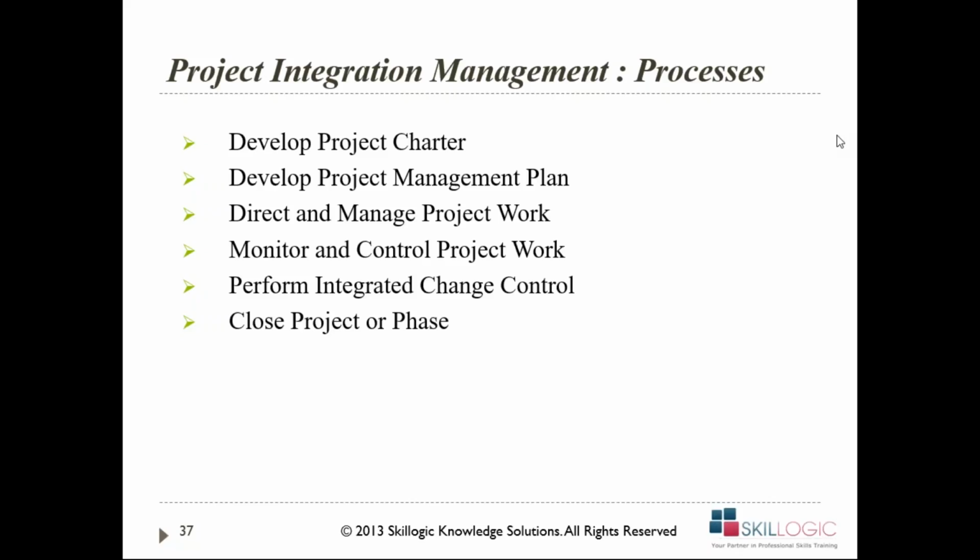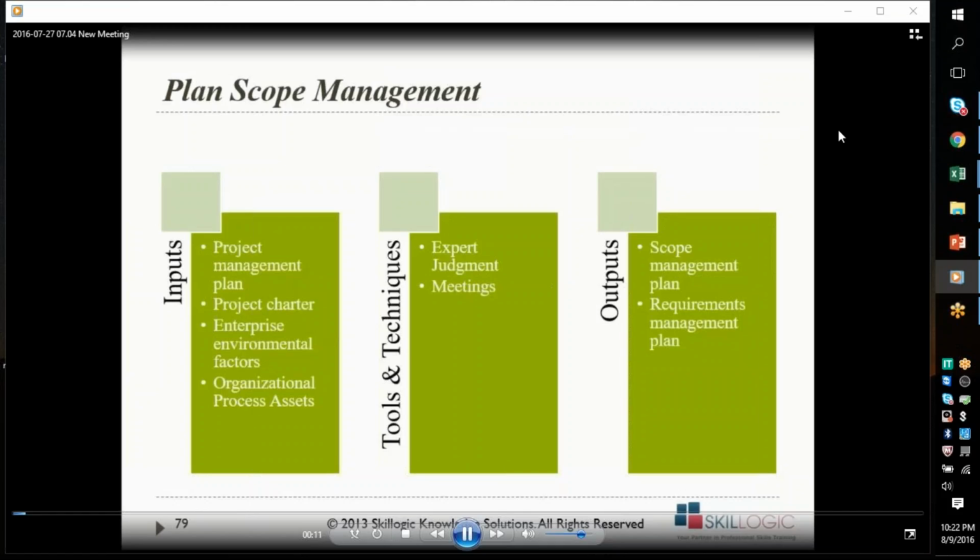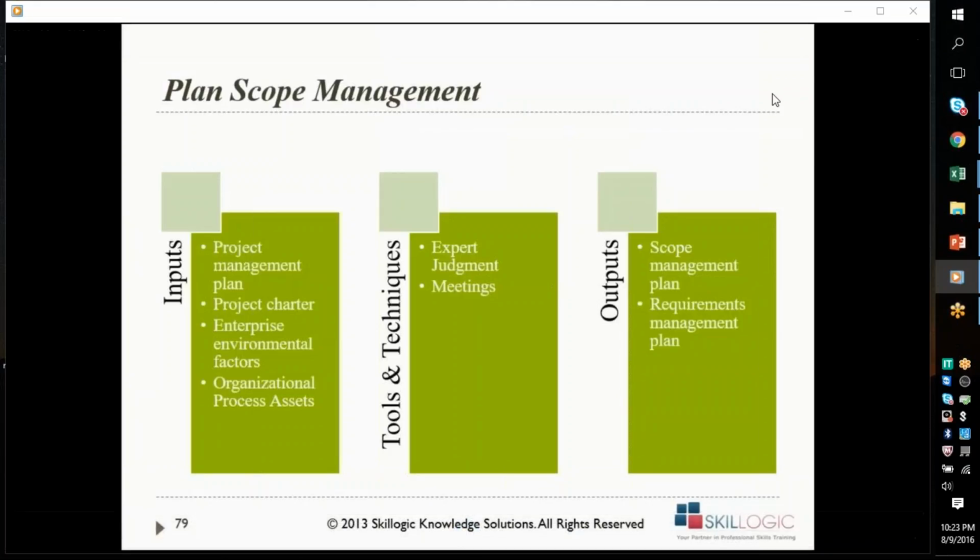Okay, when we are planning scope management, inputs can come from the project charter as well. The project charter has the information of the statement of work, right? What is the work that we have to do? From there as well we can get information about the work that we have to do.